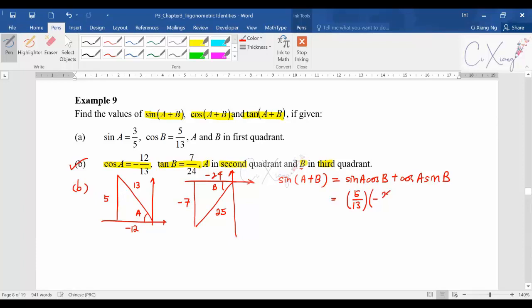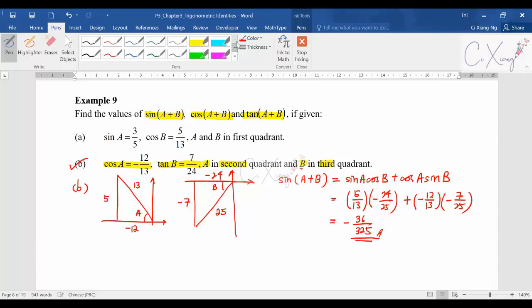Cos B will be negative 24 over 25. Plus cos A, which is negative 12 over 13. And after that, sine B, which is negative 7 over 25. If you didn't make any careless mistake when pressing the calculator, you should get negative 36 over 325.